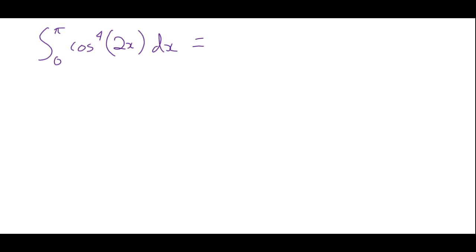So let's write that as, if we have an even power, cos to the 4th, we can write that as cos squared 2x, squared. Oh, and wait, it's a definite integral, so it's going 0 to pi.